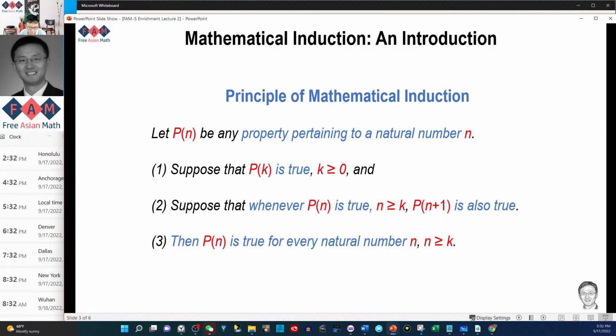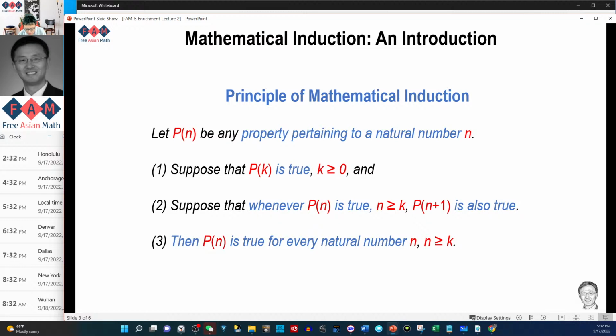Then we argue that this property is true for every natural number starting at k. k, remember, once again, is our initial. So whenever number 1 and number 2 are true, then we argue Pn is actually true for all the natural numbers starting at k. k plus 1, k plus 2, go to infinity.